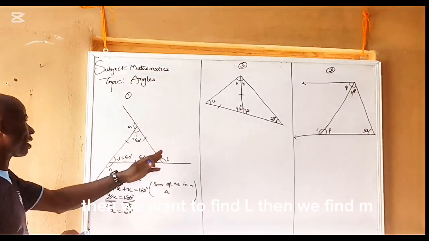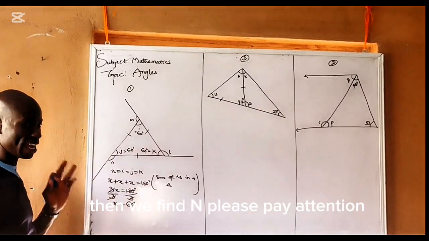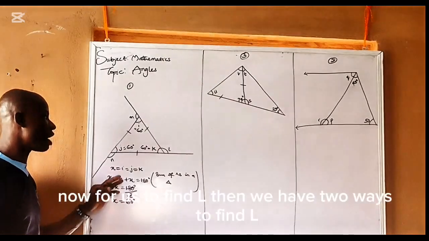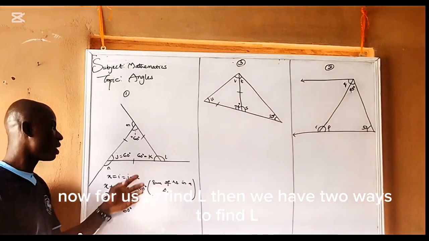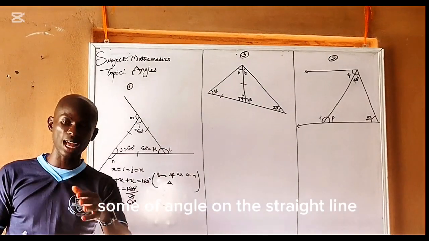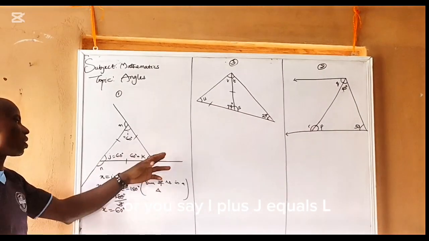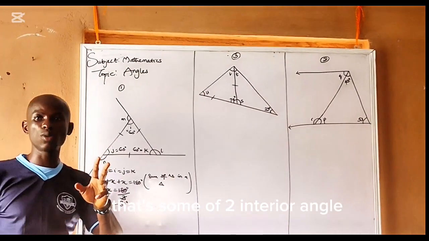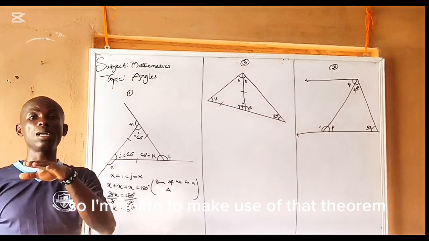Then we want to find L, then M, then N. Please pay attention. For us to find L, we have two ways. Either you say K plus L equals 180, sum of angles on a straight line, or you say I plus J equals L. That's the sum of two interior angles equals the one opposite exterior angle. I'm going to make use of that theorem.